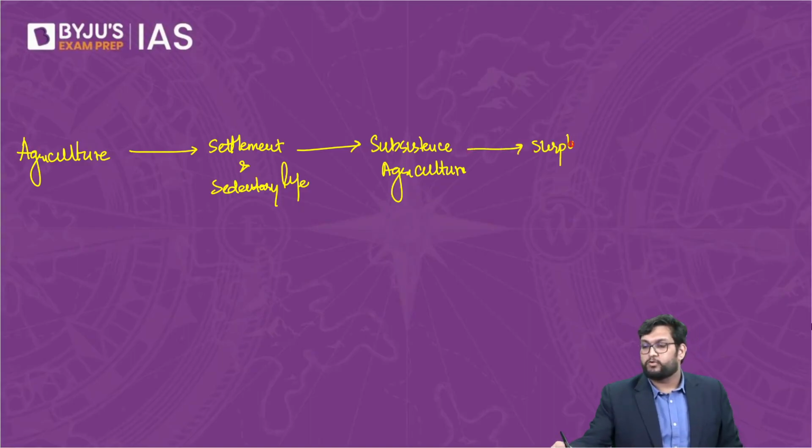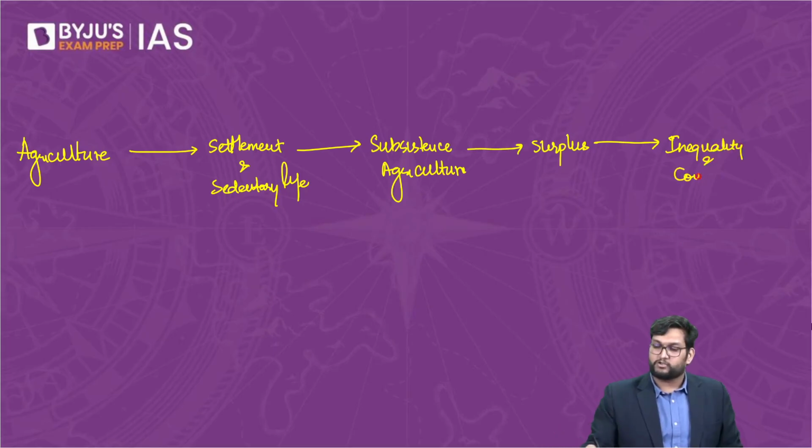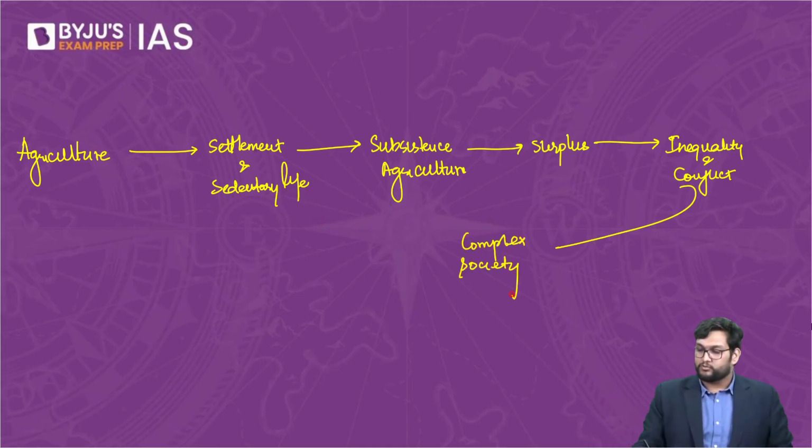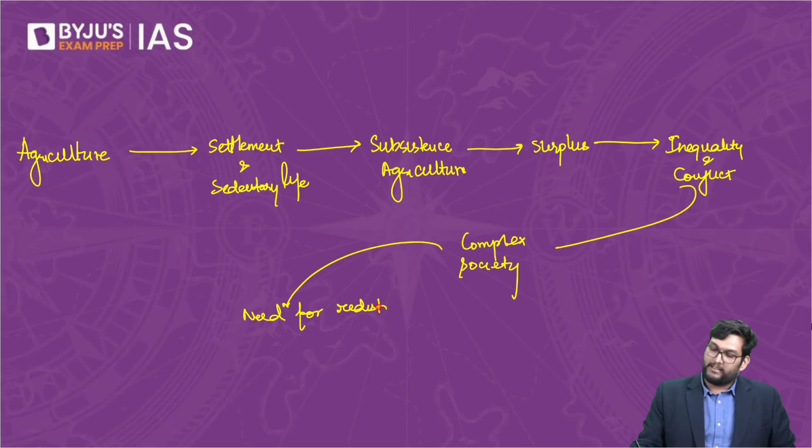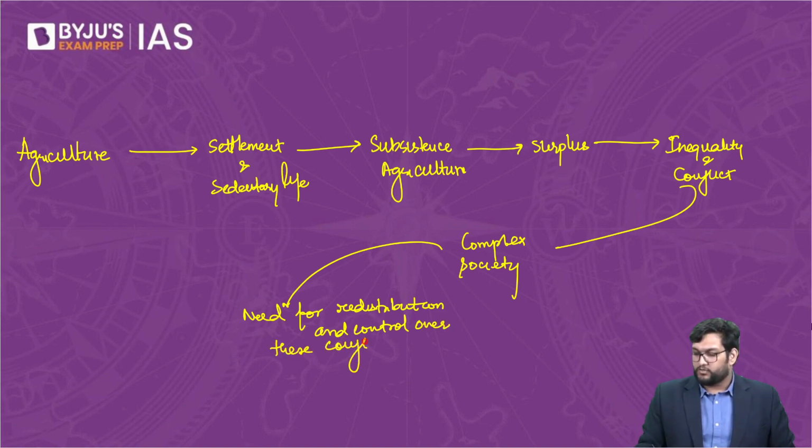Surplus will lead to inequality and conflict, which leads to complex society. Complex society leads to need for redistribution and control over these conflicts, and that leads to early state formation.